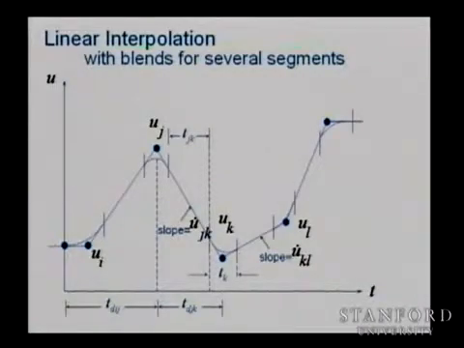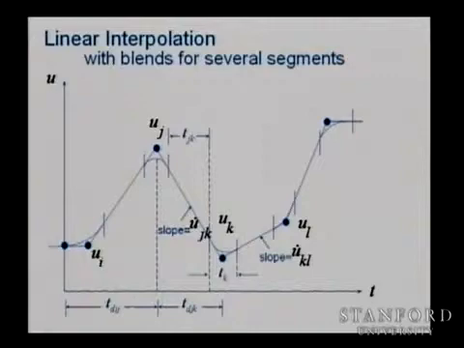Then we have the time durations, which are, in this particular case, i to j is a segment. So a typical segment is from t sub i to t sub j, and the duration of the entire segment will be t d_ij.